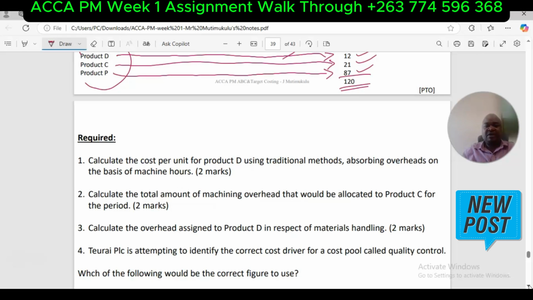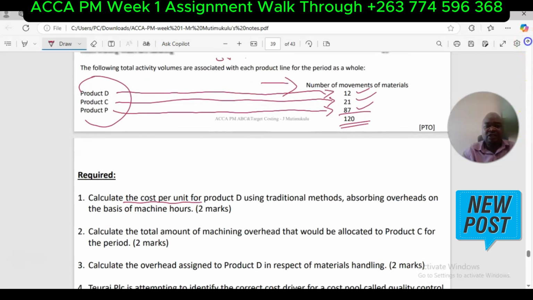So we are being told that we need to come up with the cost per unit for product D. If you do not know the principle of cost cut, you are going to just jump straight into shortcuts and then end up doing the wrong things.